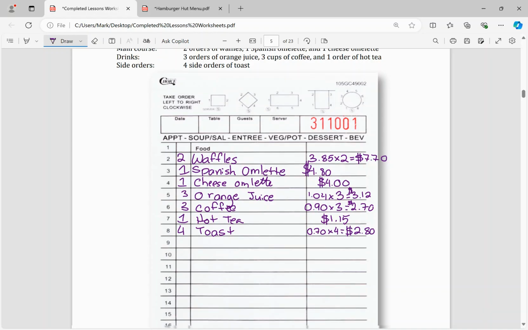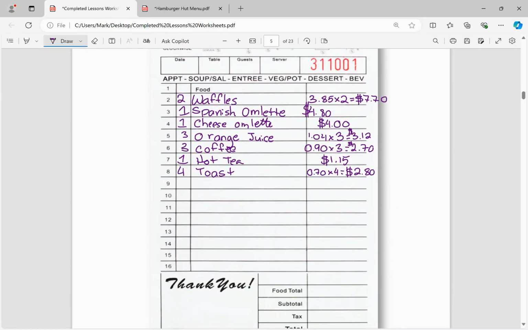So that brings us to the end of the order. Now all we need to do is take each of these prices for each set of items and add them together. I know that in the past we practiced doing this by hand, but you are welcome to use a calculator to add up all of these prices in this unit. So I'm doing that now. 7.70 plus 4.80 plus $4 plus 3.12 plus 2.70 plus $1.15 plus $2.80.